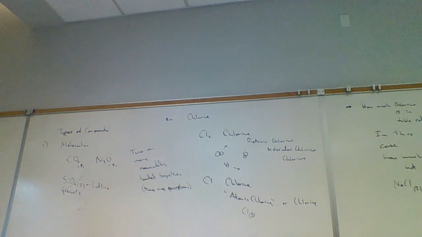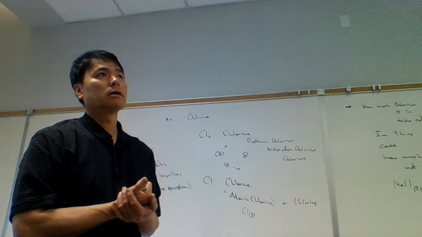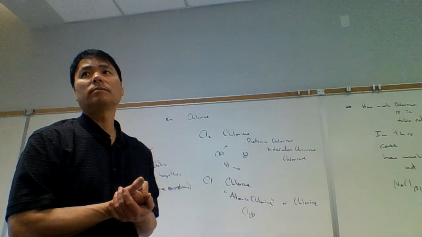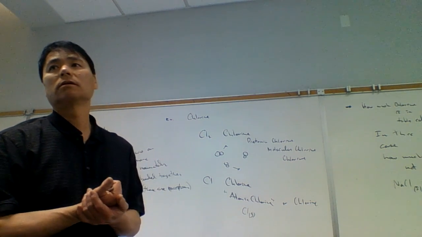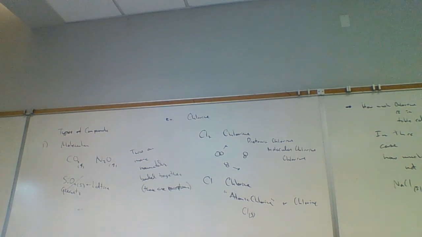All right, let's look at, what do you think, arsenic? Arsenic combined with oxygen. Do you think that's going to be a lattice or molecular type structure? Arsenic and oxygen. Well, do you know the symbol for arsenic?